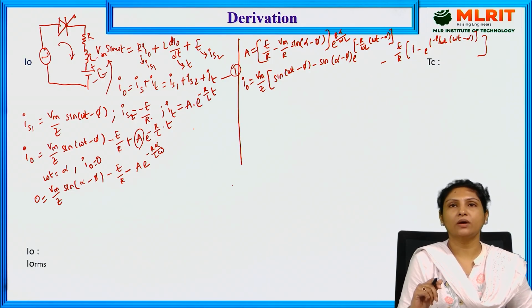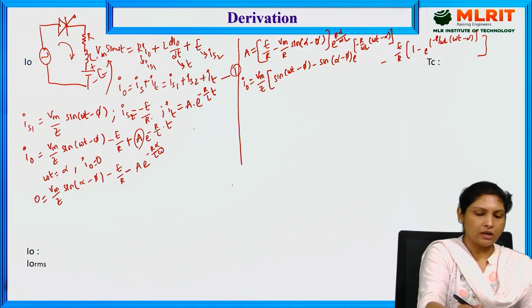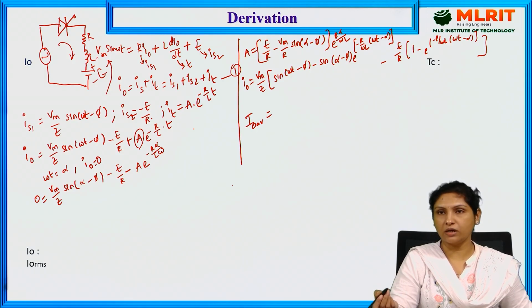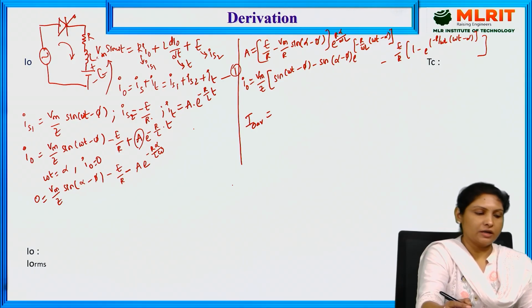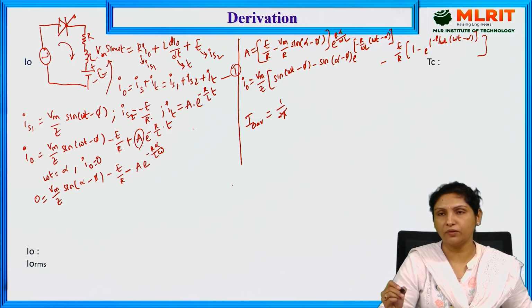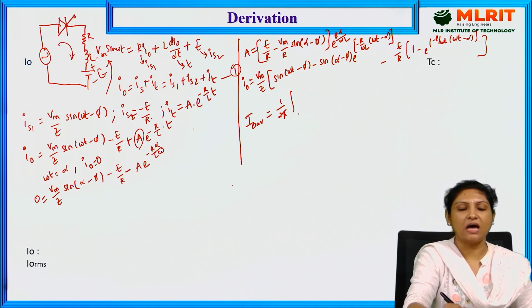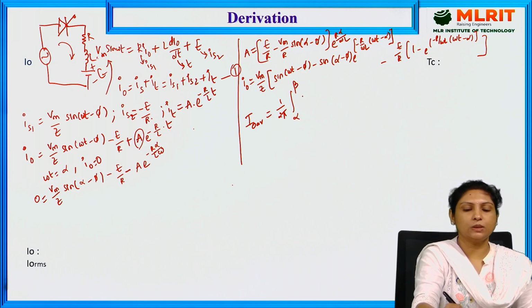Since we have got I0, let me obtain I0 average, which is equal to 1 by 2 pi. This is the total time period of the waveform, and it is actually conducting from alpha to beta. So that is the integral from alpha to beta of Vm sine omega t minus E by R into d omega t.